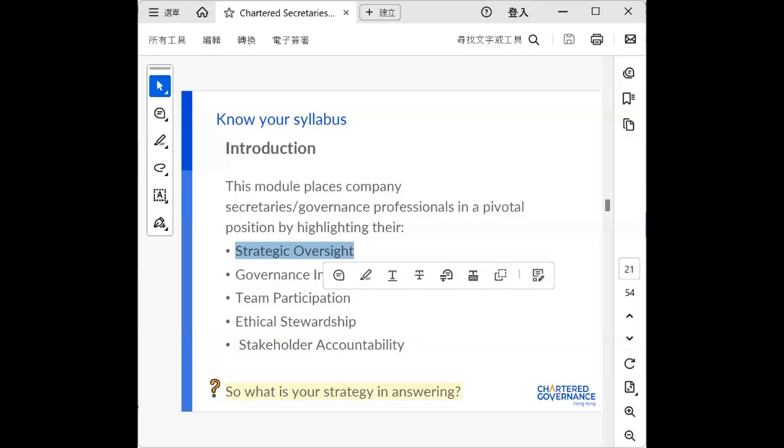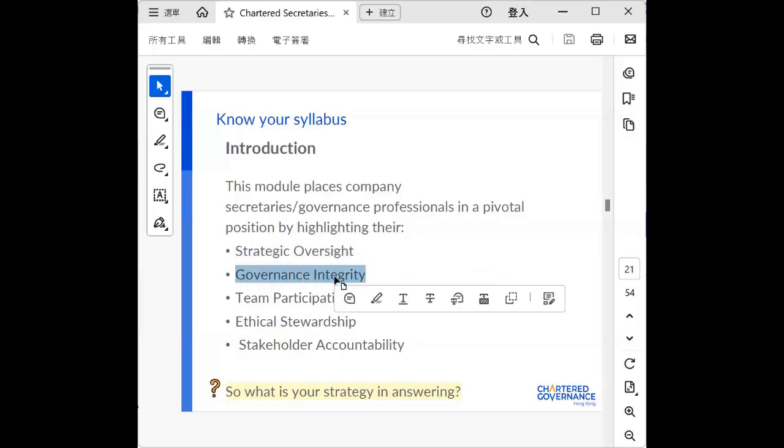And of course, in terms of governance and integrity, the company secretary has to safeguard the system, the policy and processes that support this strategic goal, making sure of compliance with the laws and regulations.